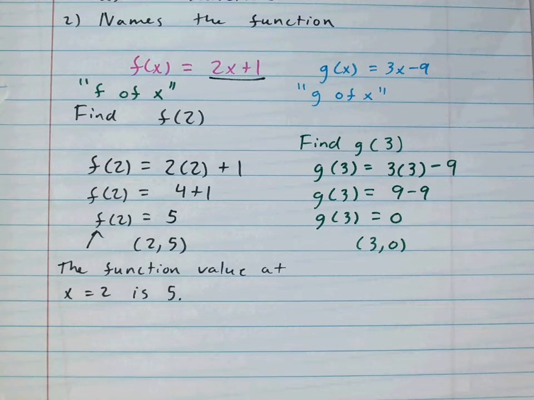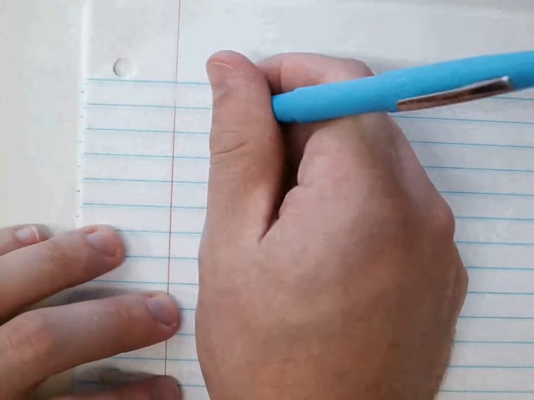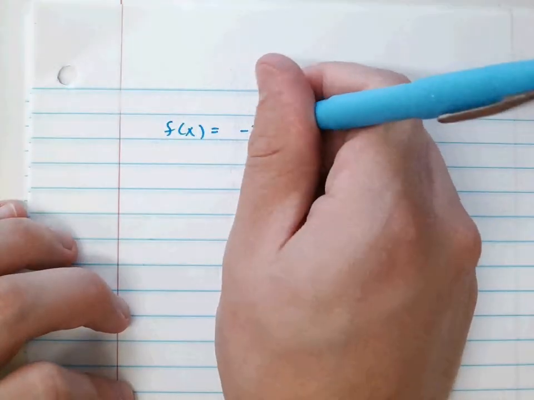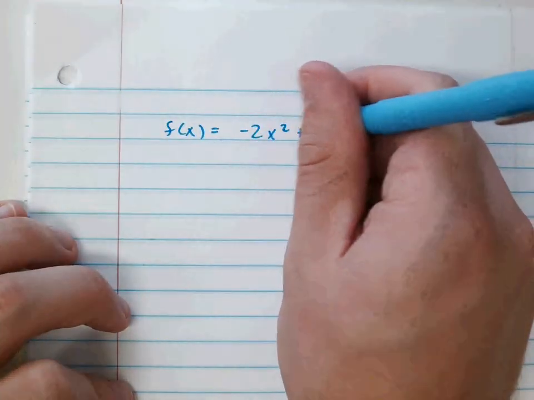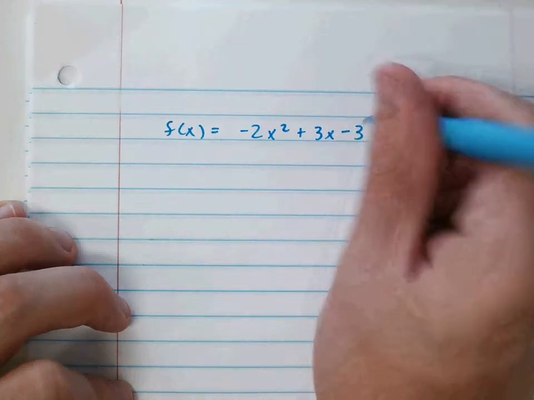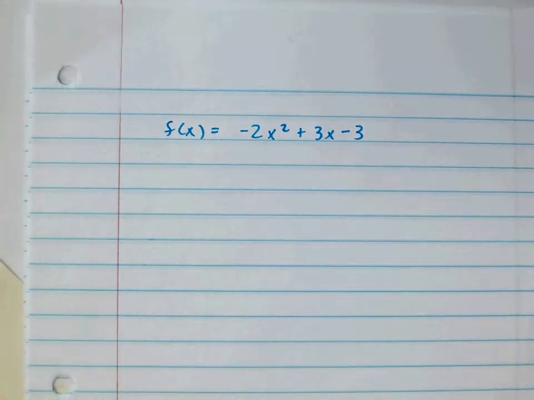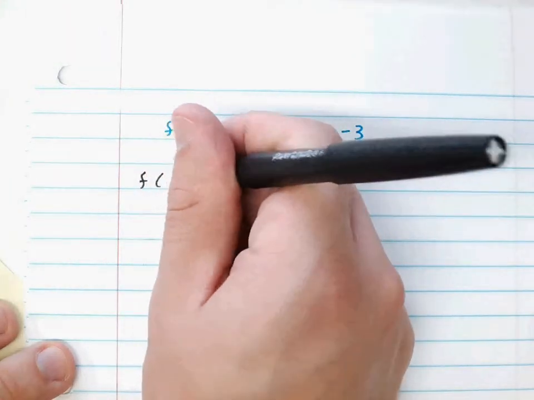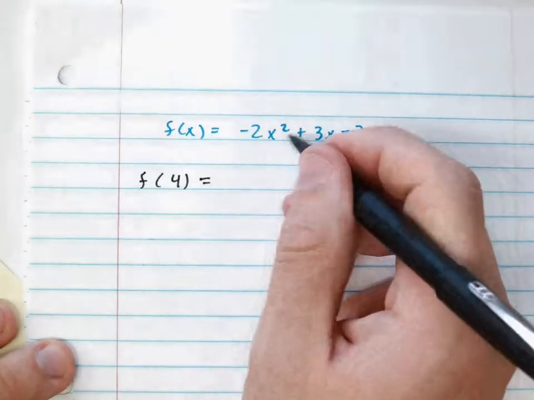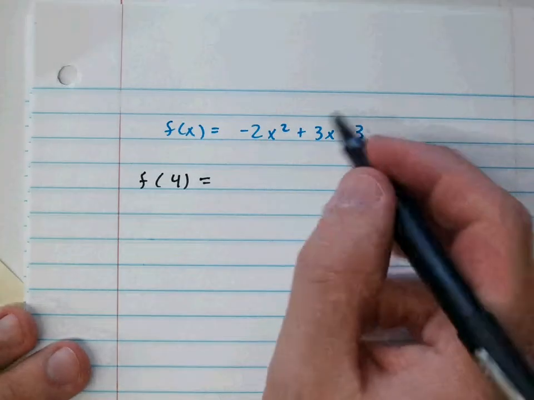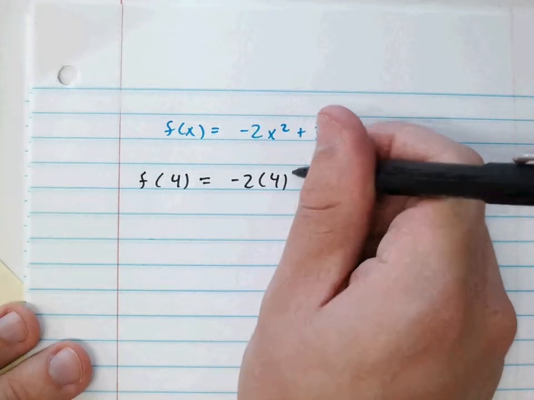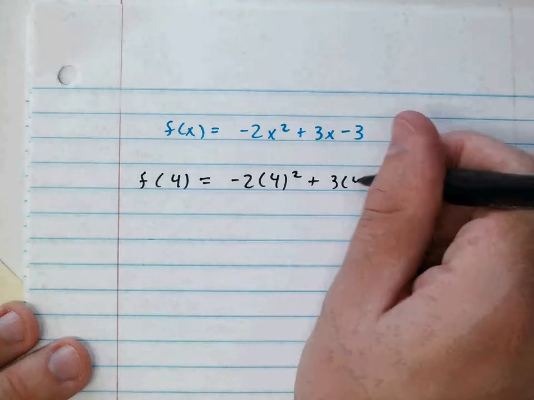Let's take a look at some more examples. Let's do a little bit more complicated example. So let's do f of x equals, how about negative 2x squared plus 3x minus 3. And let's calculate f of 4. What that means is wherever there's an x, and since I have multiple x's, we're going to replace both of those with a value of 4.